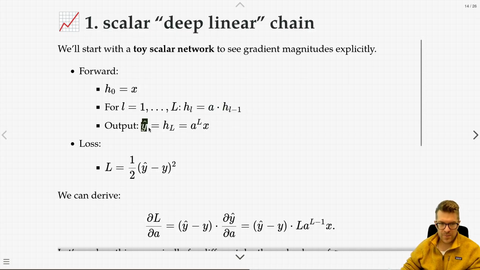The output, my prediction y hat, is going to be whatever the output is at layer big L, which is just going to be a to the power of L times x. Again, a is not changing layer to layer, it's always the same value a, so I'm just multiplying a at every layer. So I'm ending up with a to the power of L because I'm multiplying a big L times whatever the input x was at layer 0.